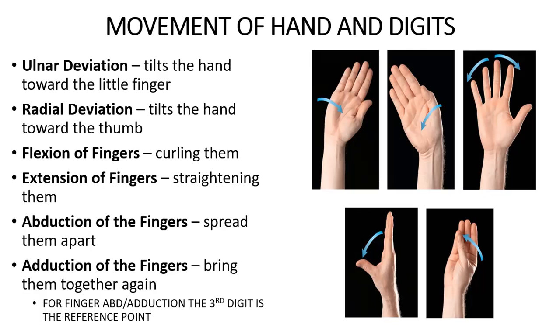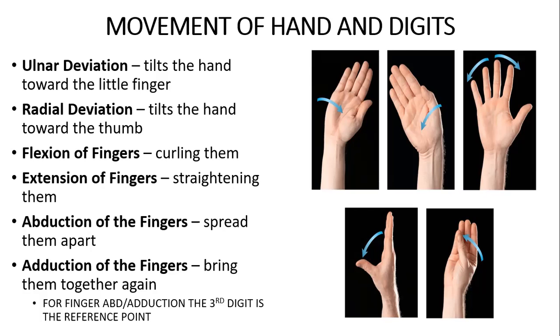Again, we have to think of every motion from the anatomic position. You're not going to treat every patient in that position, but you as a PTA have to think that way. So again, ulnar deviation, moving your wrist towards your pinky, radial deviation, moving your wrist towards your thumb. It is a frontal plane motion.